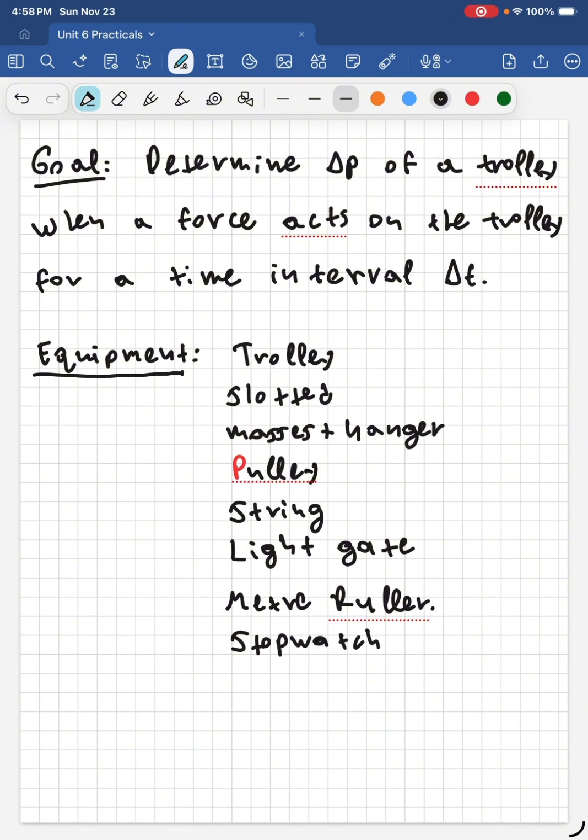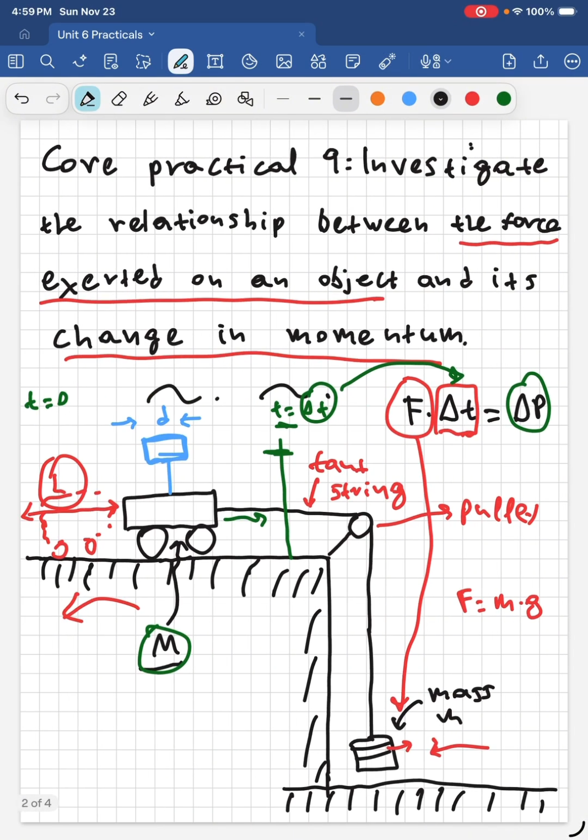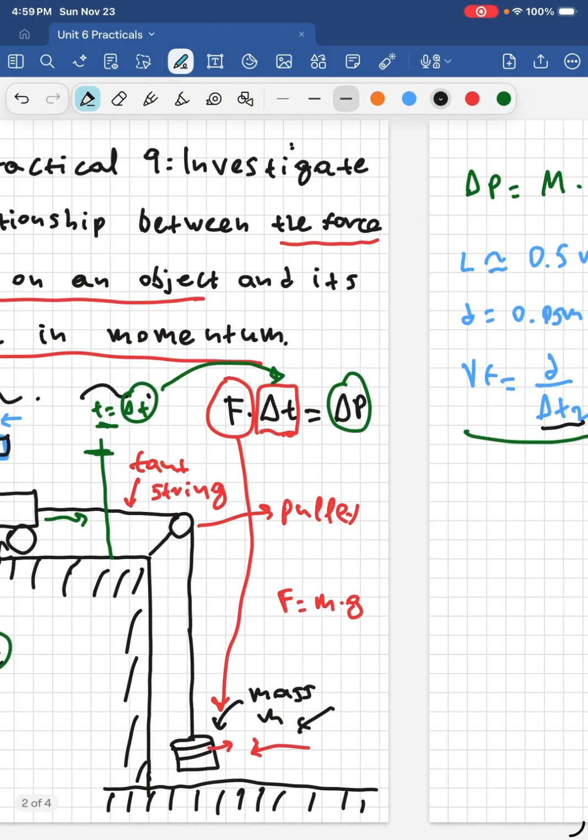Okay, this is another way you can do the experiment. You can think of the light gate as the one responsible for measuring the final velocity, okay, by measuring this time delta 2 needed for this cart to go through the light gate, okay? And you can use a stopwatch to measure the time between the cart being all the way back here with velocity 0 until these masses almost hit the floor, okay?